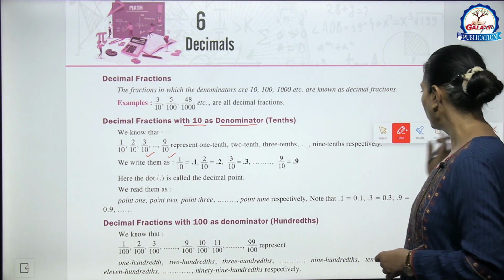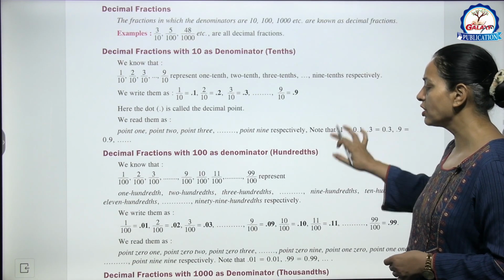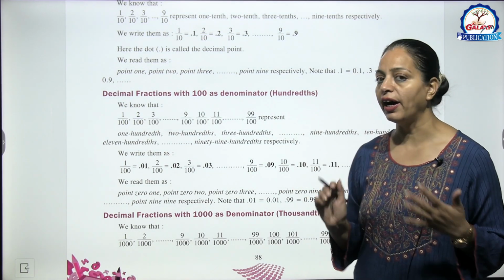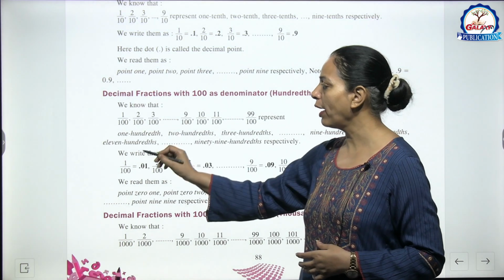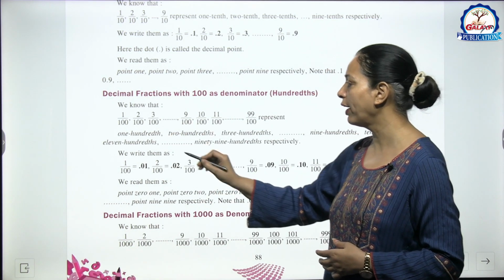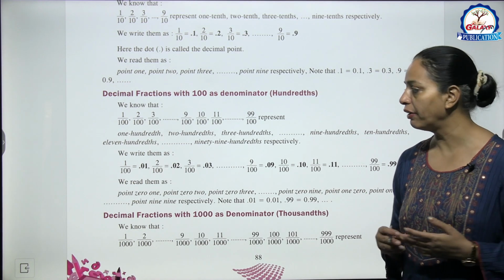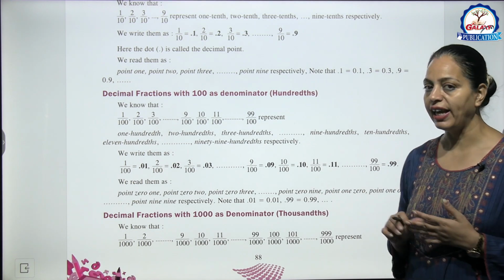So note that 0.1 we can write 0.1, 0.3 we can write 0.3, 0.9 we can write 0.9. Okay, now the next, decimal fractions with 100 as denominator, which we will call hundredths. We know that 1 by 100, 2 by 100, 3 by 100 represent 1 hundredth, 2 hundredths, 3 hundredths, like this.